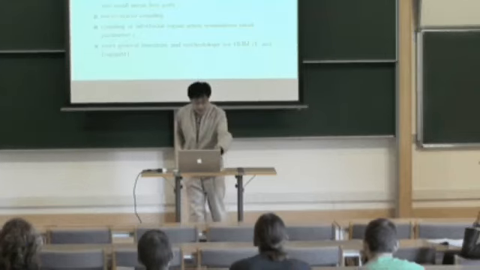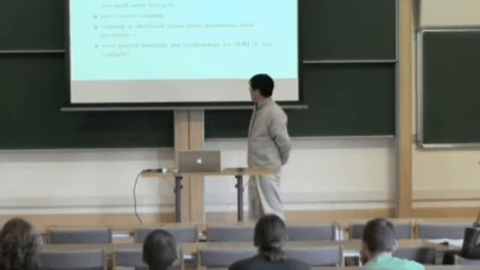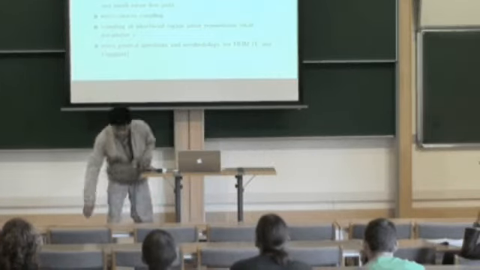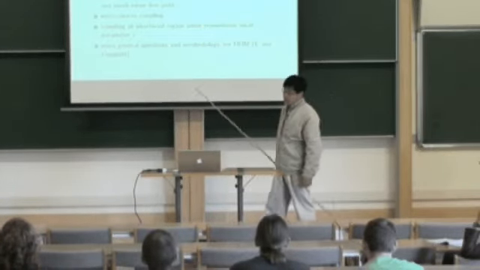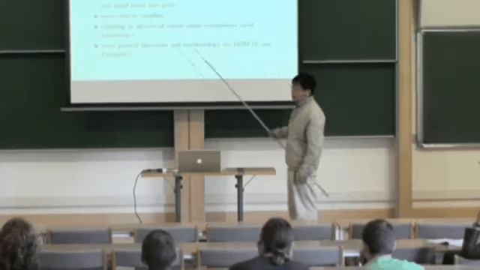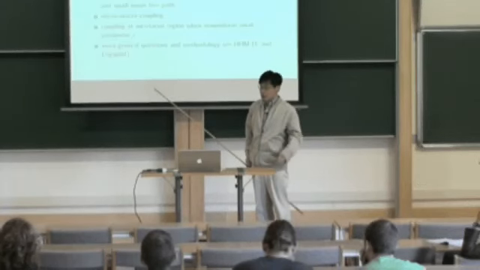So let me begin by outlining a few questions that will be emphasized. Asymptotic-preserving schemes involve a small parameter, and some small parameters are important, some not important, and the unimportant ones I want to under-resolve, like fast waves, small mean-free paths, and background scattering, which you do not want to resolve in every detail, which is not possible.